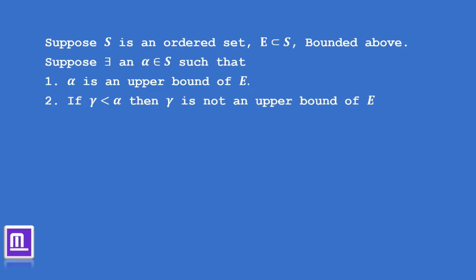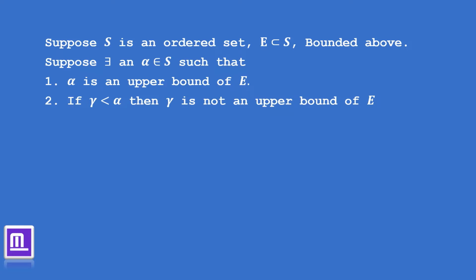If there exists a gamma, any element in S, that element is less than alpha, or that element is related to alpha, then gamma, the new element, is not an upper bound of E.